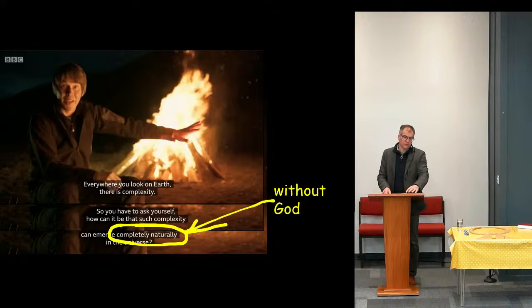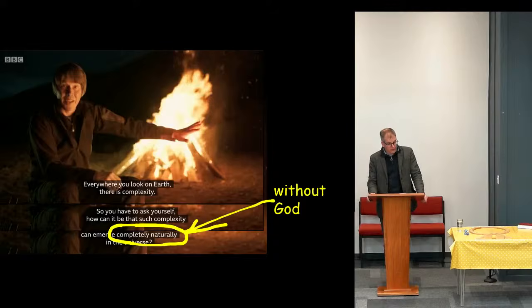There is someone who is intelligent enough and powerful enough to have planned, designed, and made these things. But someone like Brian Cox doesn't even let God get a foot in the door by asking the question in such a way that the only answers allowed are ones that just invoke natural causation.